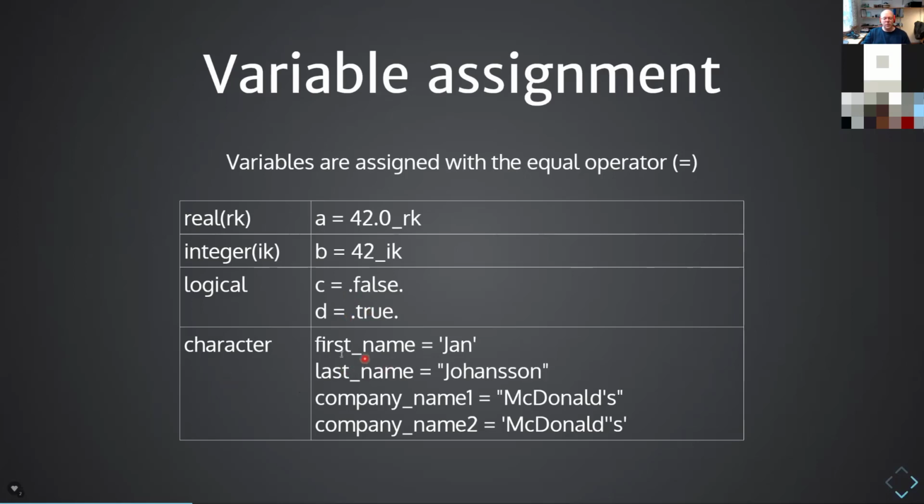Character strings can be assigned by using a single apostrophe or double quotes. It works both ways, so it's similar to Python here. If you want to use a single quote in a string, you can use double quotes around the string, and vice versa. If you want to use a double quote inside a string, you use single quotes around the string.